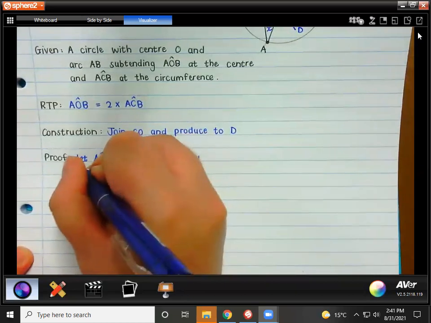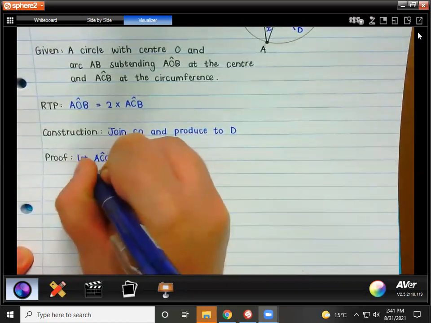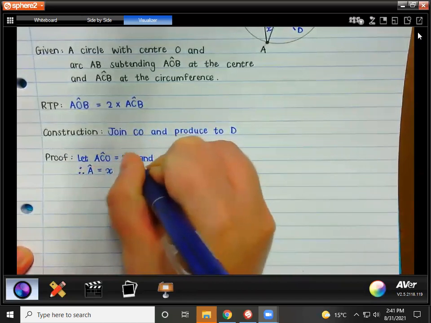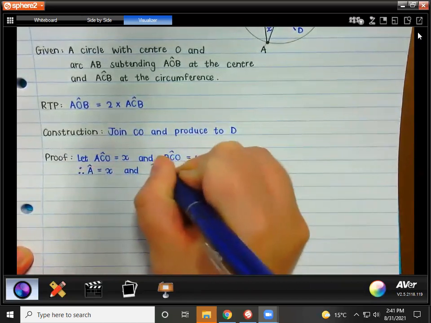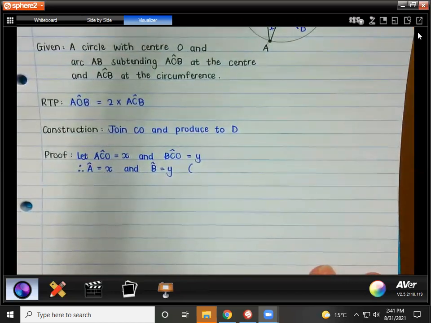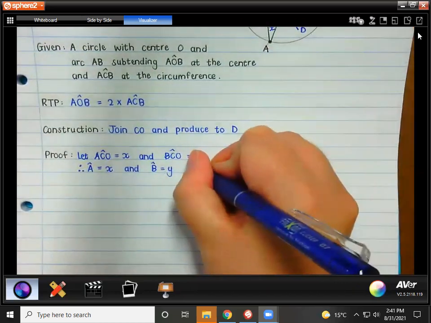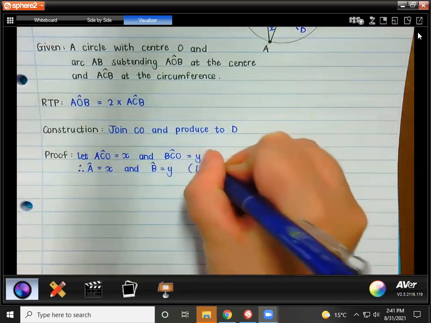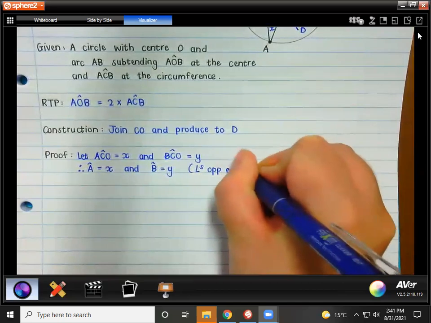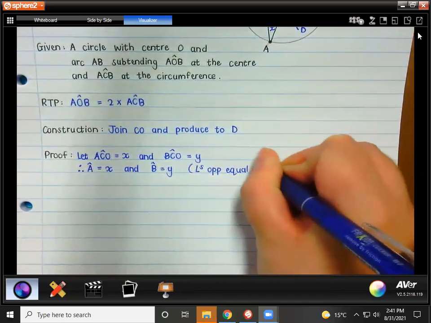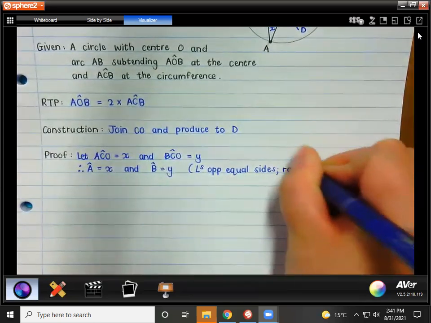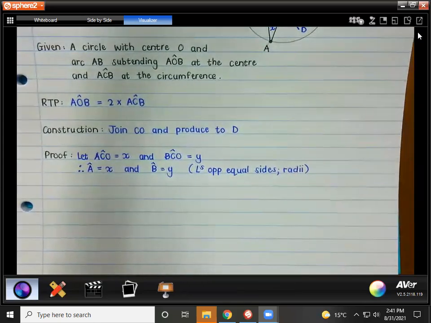Then angle A is also equal to X and angle B is also equal to Y. I'm writing it in one line because we're using the same reasoning. The reasons are: angles opposite equal sides, and radii. That's how I knew those two triangles were isosceles.